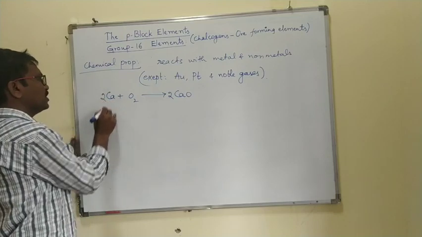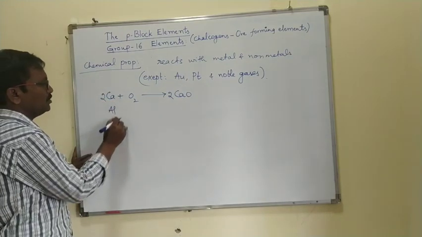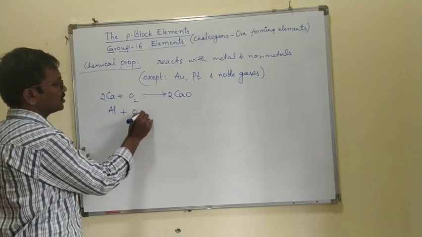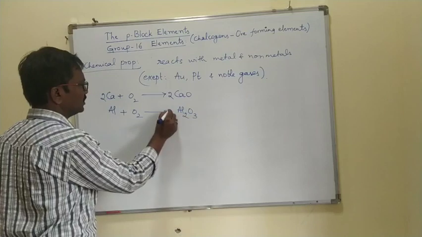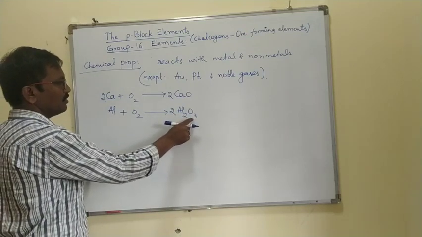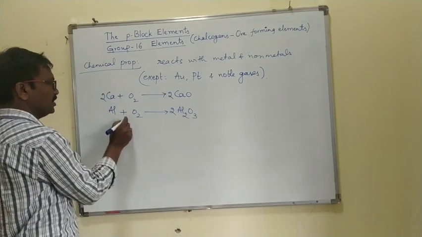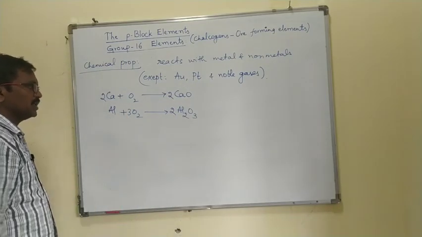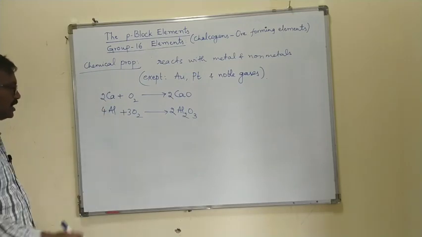Aluminium reacts with oxygen, generally it forms Al2O3. An odd number never balances the equation, so you have to multiply by 2 and by 3, so it becomes 4Al plus 3O2 gives 2Al2O3.